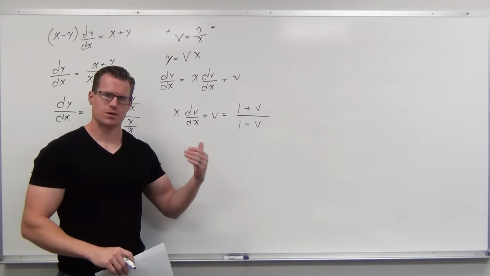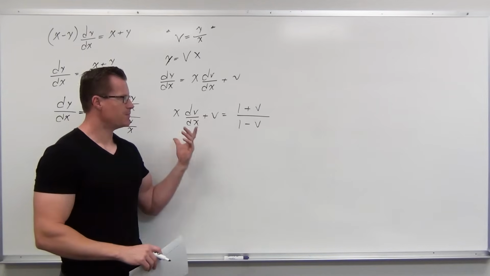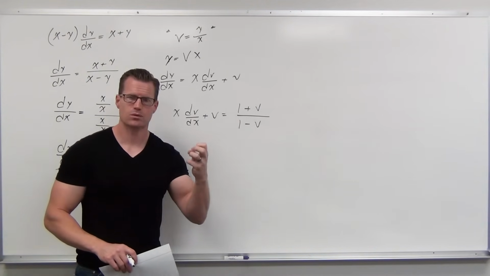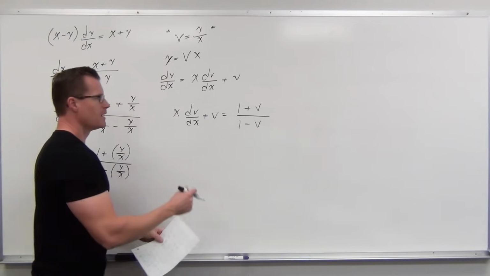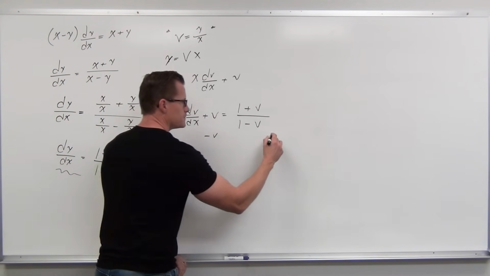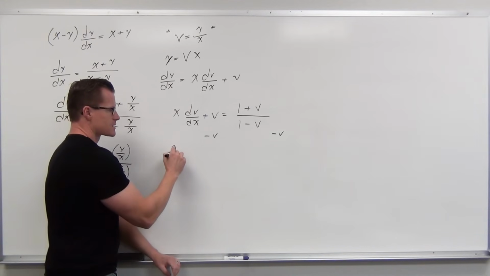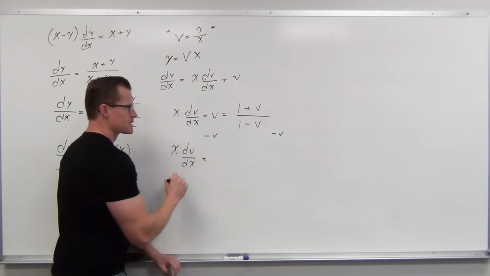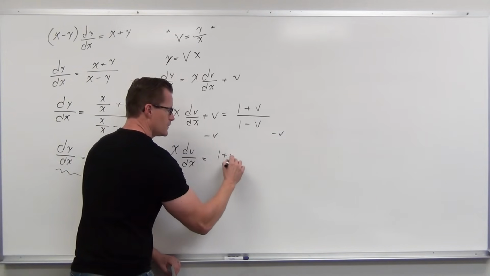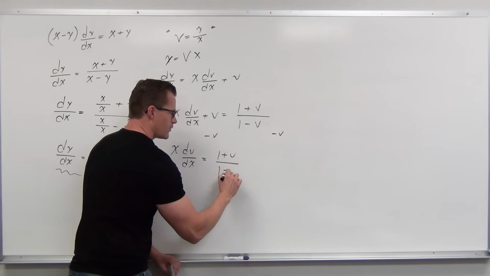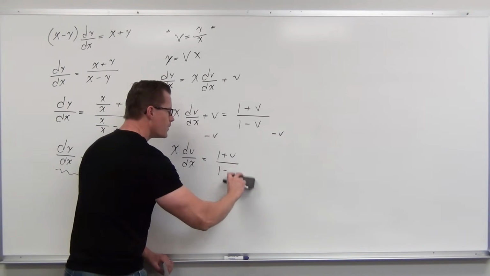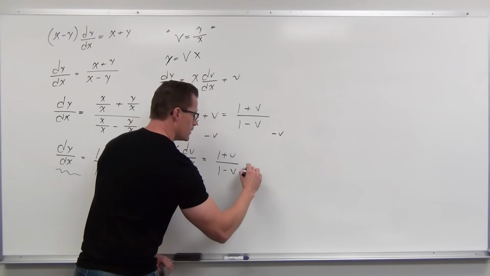So let's try to do a couple things to organize this. Maybe if we're trying to do separable equations, let's move our v over. So if we subtract v, we get x dv dx equals 1 plus v over 1 minus v, minus v.